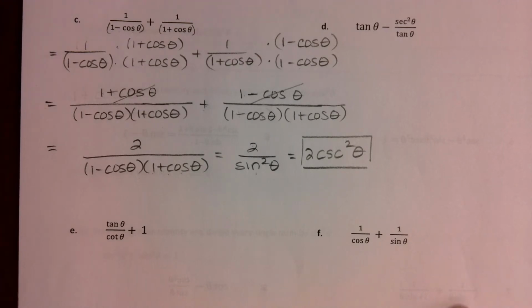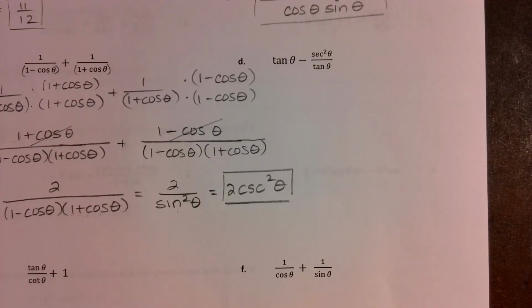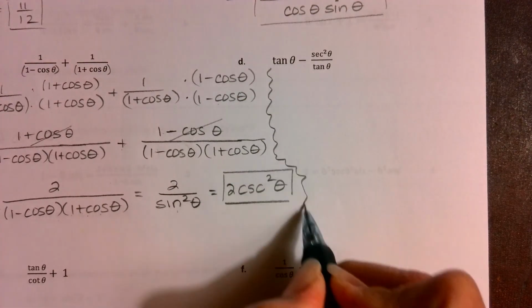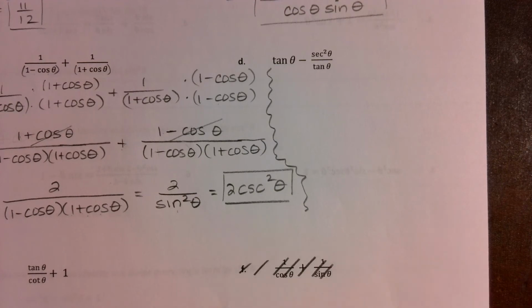All right, let's go to part D. And let me do this so that you don't get anything mixed up. And we can just not worry about this. This is just a repeat of part B. Okay, so we have tan theta minus secant squared theta over tangent theta.